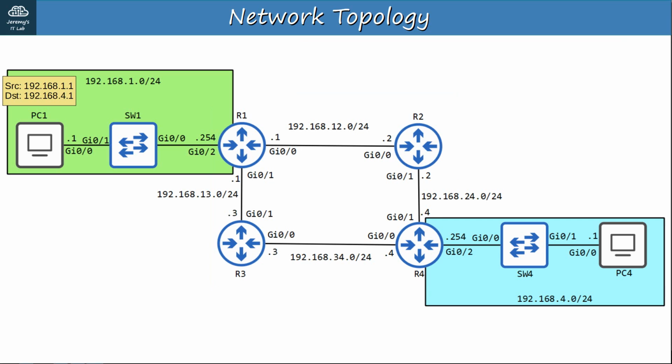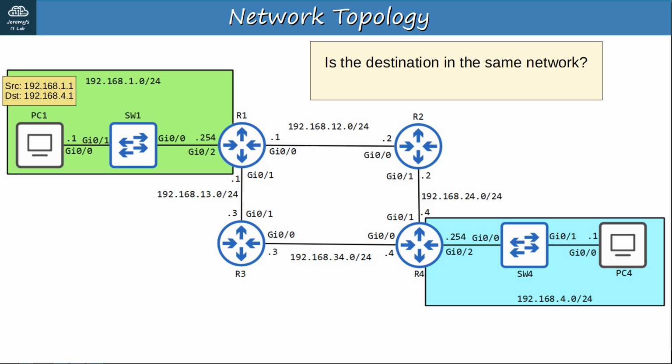So, PC1 wants to send this packet to PC4. Notice that the source IP address is 192.168.1.1, PC1's IP address, and the destination IP address is 192.168.4.1, PC4's IP address. What does PC1 do from here? First, it asks itself this question: is the destination IP address in the same network?